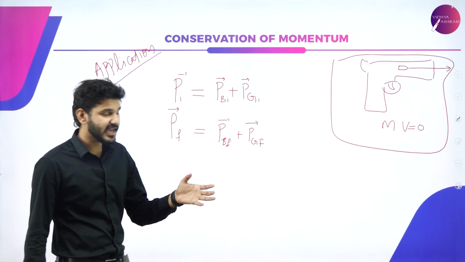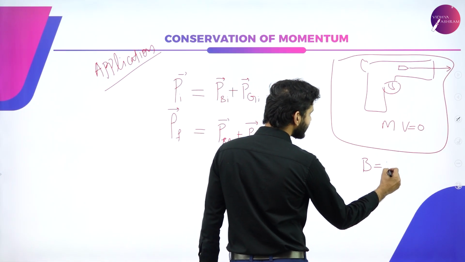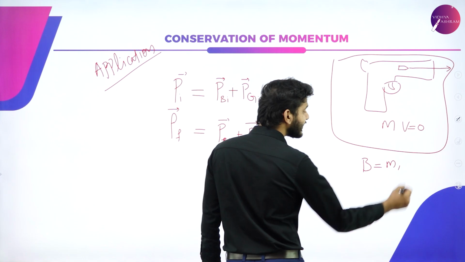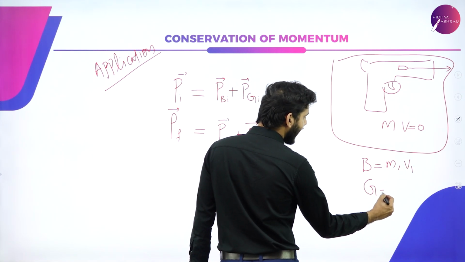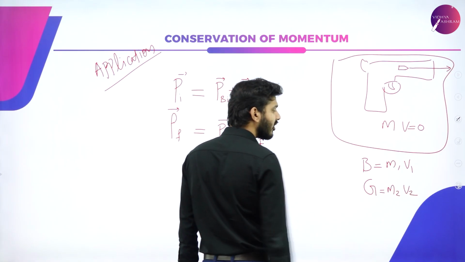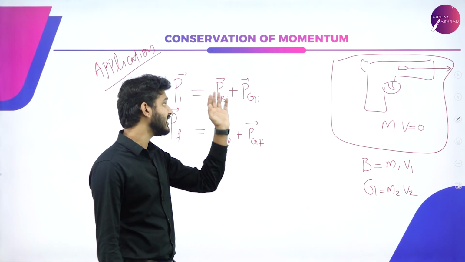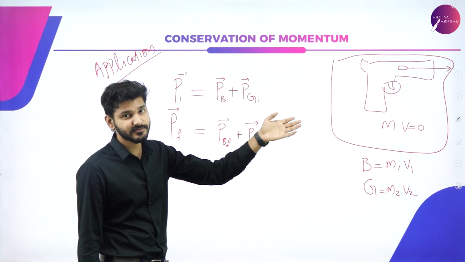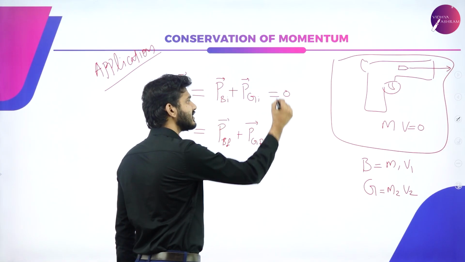If I assume that the bullet is having a mass of m1 and is traveling at a velocity of v1, then the gun will be having a mass of m2 traveling with a velocity of v2. V is because it is final velocity, because initially u was 0 for both the terms. So we don't have to calculate that because this will be equal to 0.